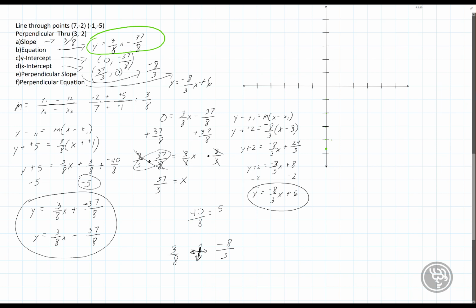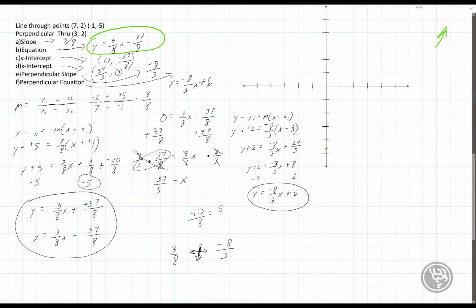All right, so now we know our slope. Our slope is positive, so our line has to be going this way. So we got to go 3 up and then 8 over. So this is a very small slope because you're going to have to run a lot to the right.